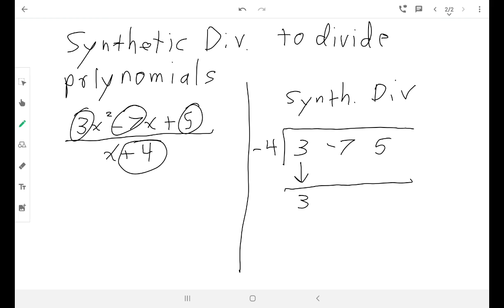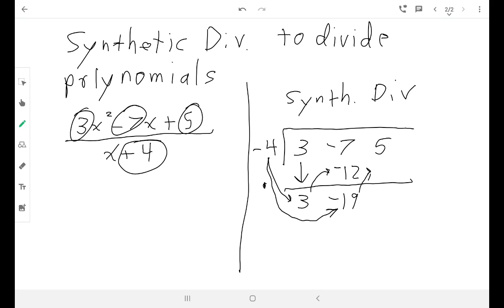You bring down the first number, you multiply these two numbers, and put that new number up here. So you do -4 times 3 is -12. And -7 plus -12 is -19. So you add them together and put that answer down here. Do the multiplication again here and put the answer up there.